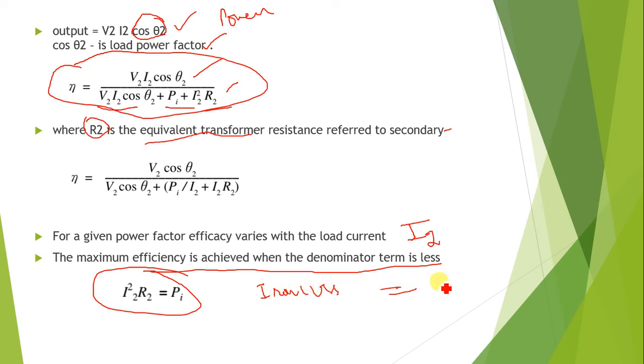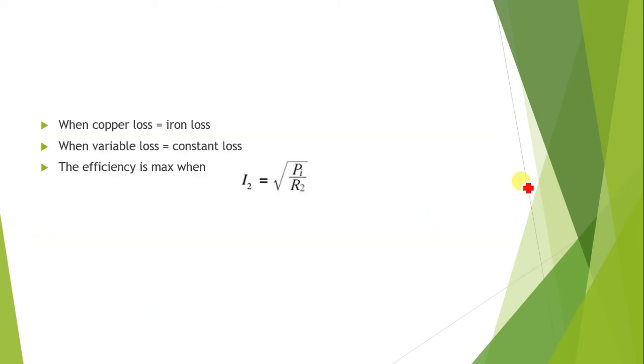When iron loss Pi is equivalent to copper loss I2 square R2, you will get the maximum efficiency. So when copper loss is equal to iron loss, or when variable loss is equal to constant loss, we get maximum efficiency, which occurs at I2 equal to the square root of Pi by R2.